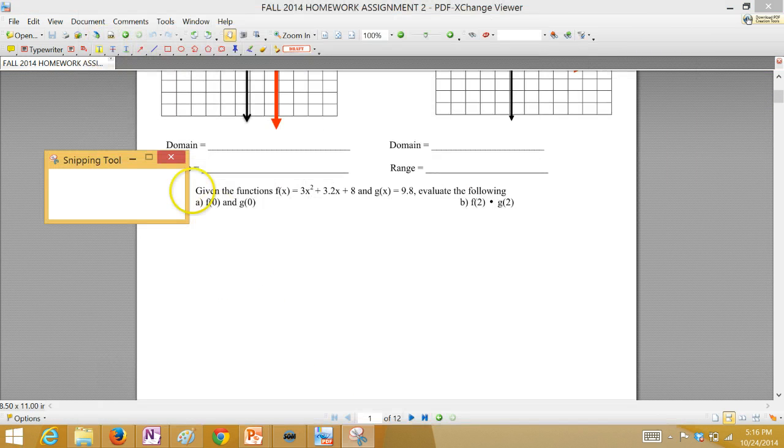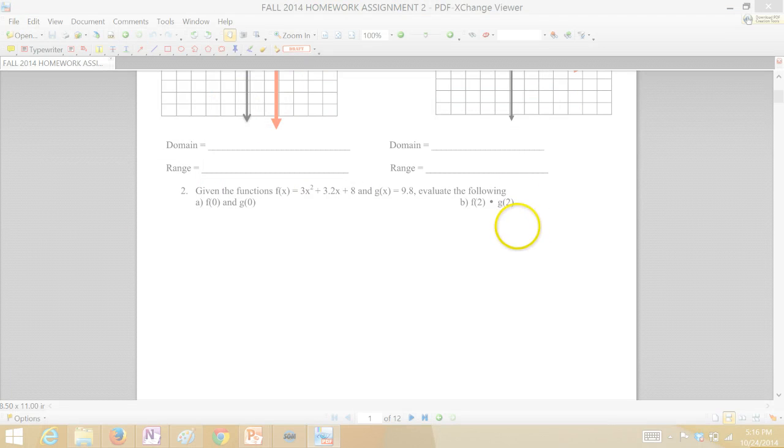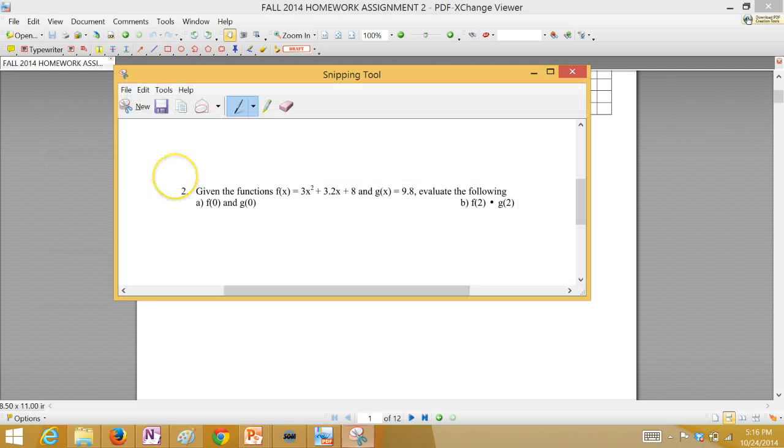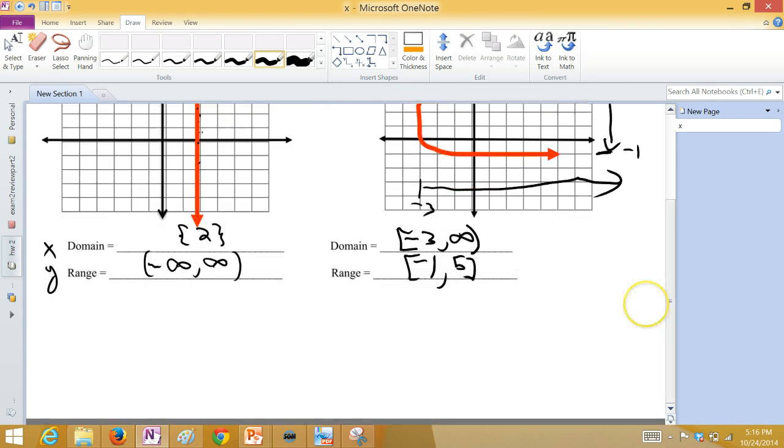They give us a function and ask you to evaluate the function. So let's do that. One second here.